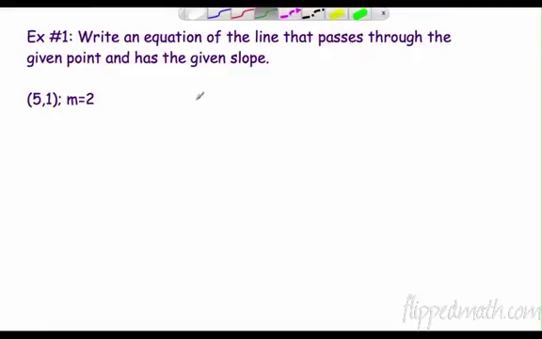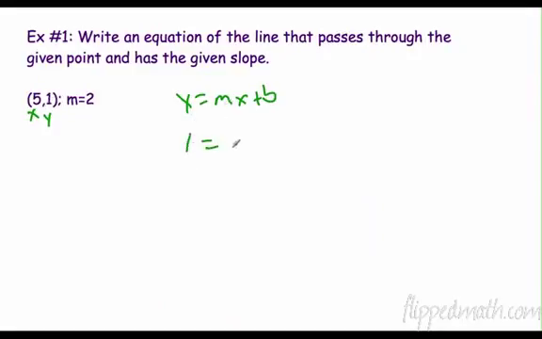Write an equation of the line that passes through the given point and has the given slope. So let's see, I have an x, I have a y, I have an m. What's my equation? y equals mx plus b. Awesome. So let's plug in what I know. y is 1, m is 2, and this is 2 times my x, which is 5, plus b.